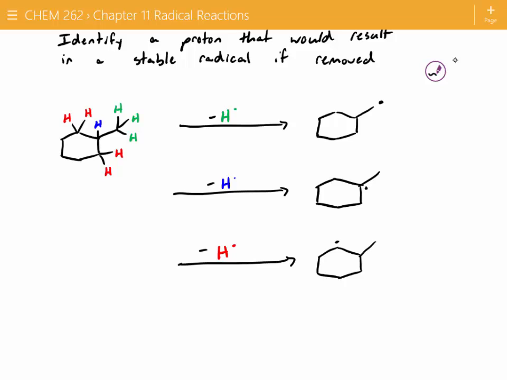Which one's going to be the most stable? Tertiary, right? So in this case, this is the most stable radical. So we know that this is the position that the reaction's most likely to take place at, and we can determine that even before we start the radical mechanism.